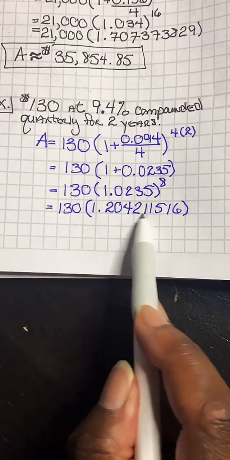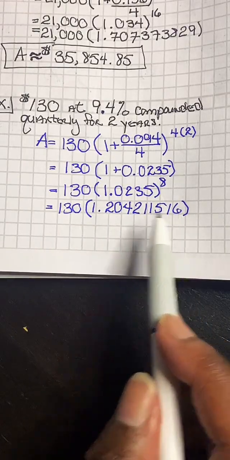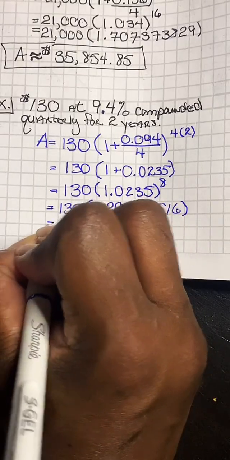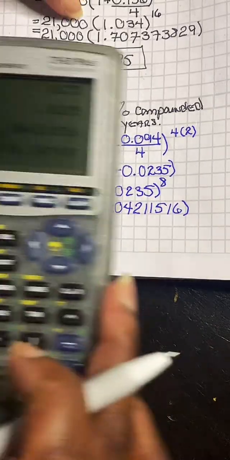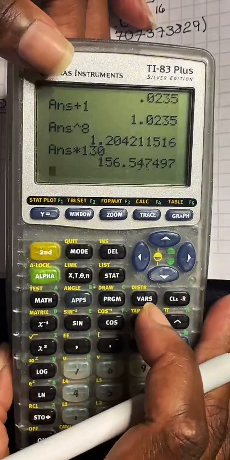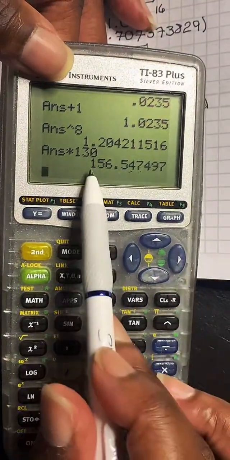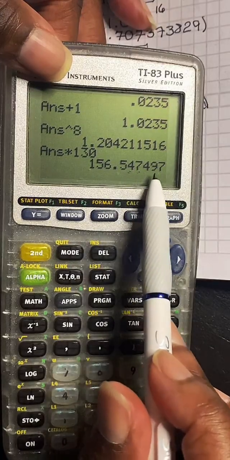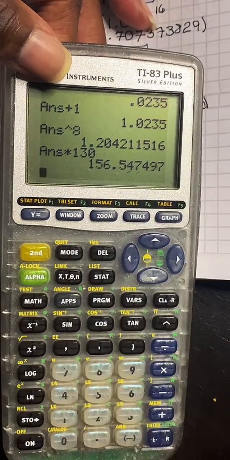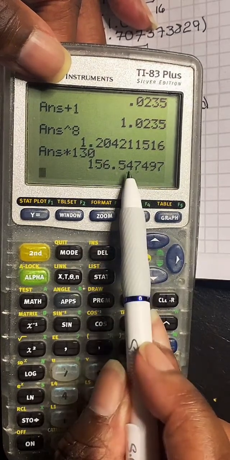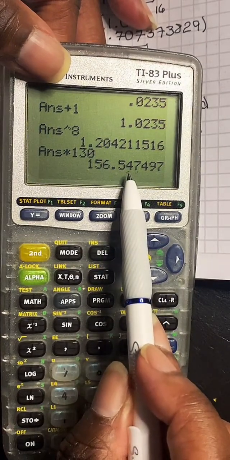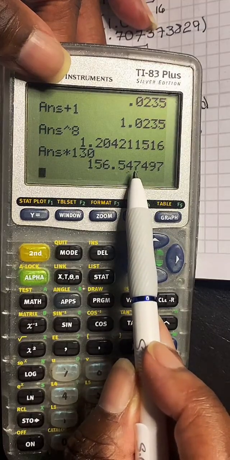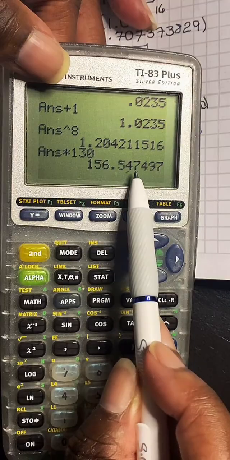So now that you have this lovely decimal in your calculator, just hit times 130. If you times 130, then you get 156.547497. Well, we only need change. Change only goes up to the 100th position, so we need to look at the next unit over, which is the 7.